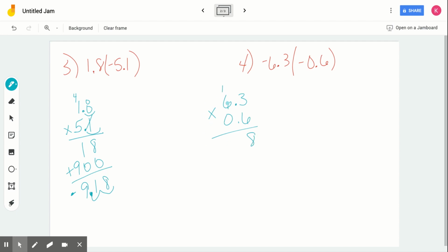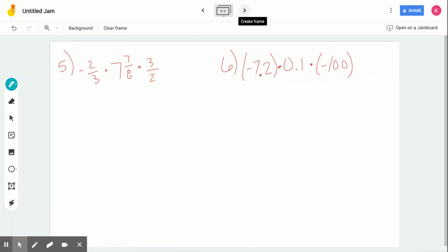Carry a 1. 6 times 6 is 36, plus 1 is 37. Since this number is a 0, we can stop. Count your decimal places out and back in. A negative times a negative is a positive answer.